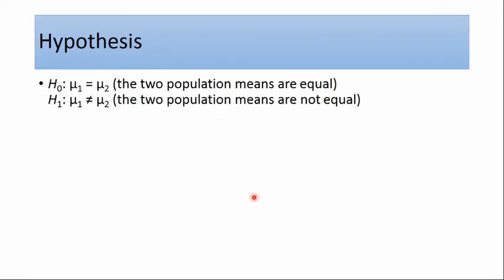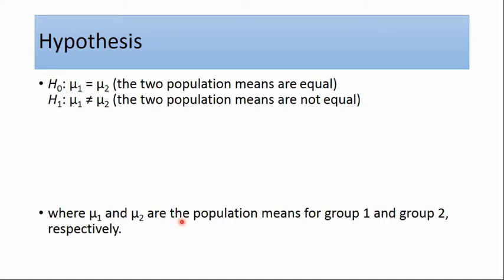How to write the hypothesis? H0, the null hypothesis: mu1, the population mean of group 1, is equal to mu2, the population mean of the second group. The 2 population means are equal. Alternate hypothesis: mu1 is not equal to mu2, the 2 population means are not equal.